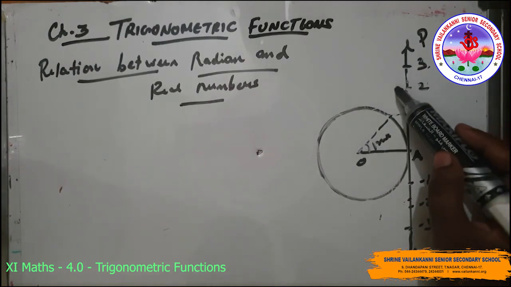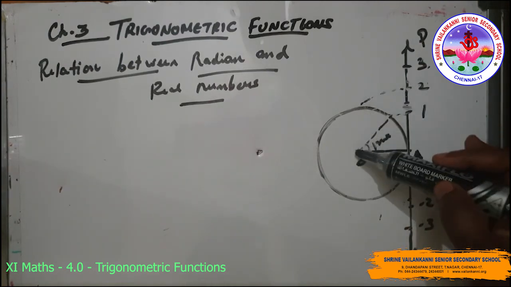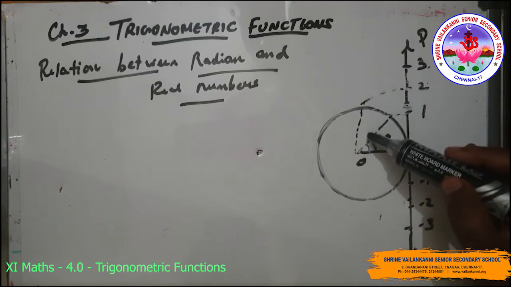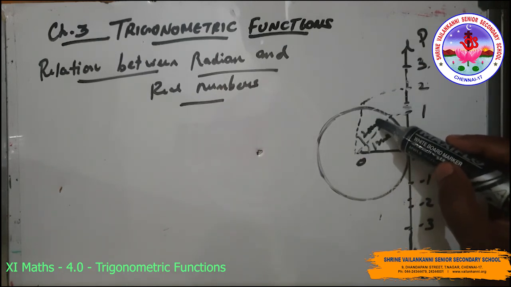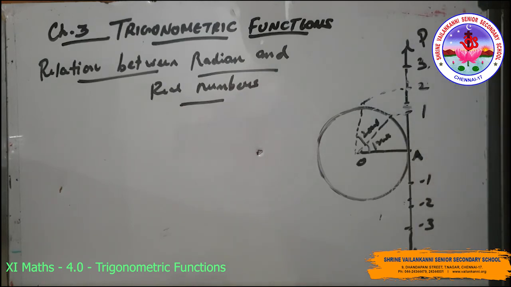Point 2 touches the circle at another point, so it makes 2 radians. Similarly, the real number 3 makes 3 radians. When we take it along AQ, which is in the clockwise direction, every negative real number will correspond to a radian measure.